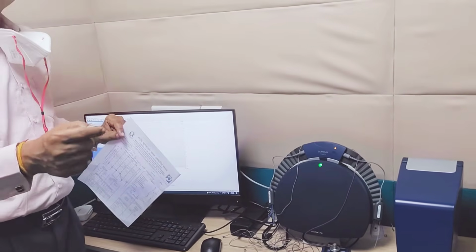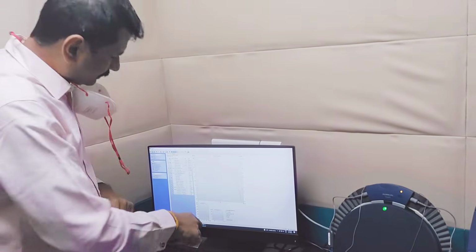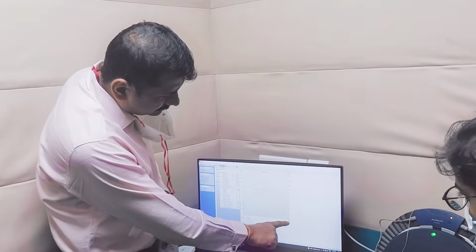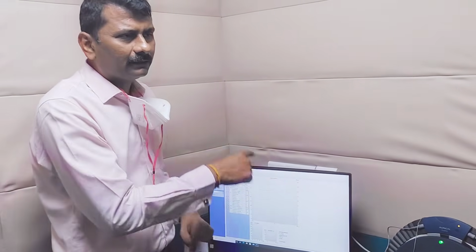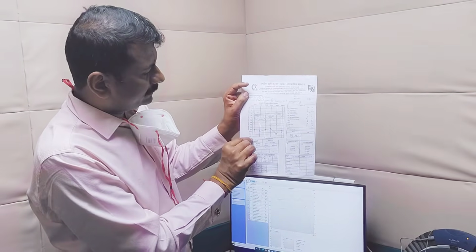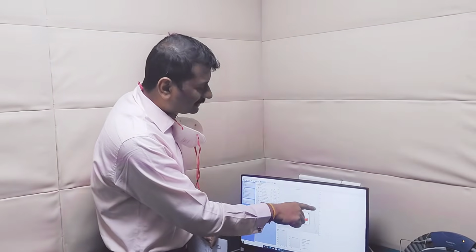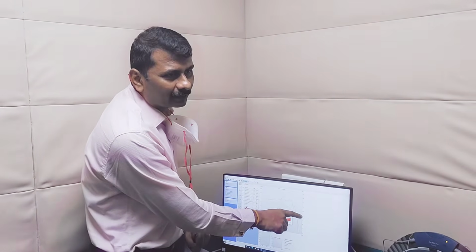So you could hear a sound between 100 Hz to how much? 10 kilohertz. The audiogram usually measures between 250 Hz to 8 kilohertz, because our speech spectrum is in that range, right? This entire thing is done, and then the output comes out.